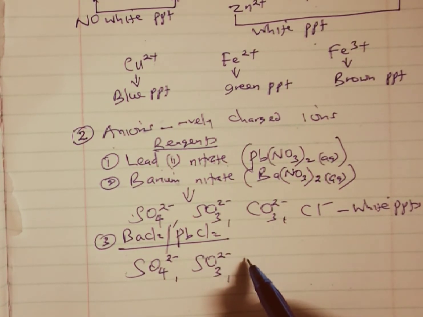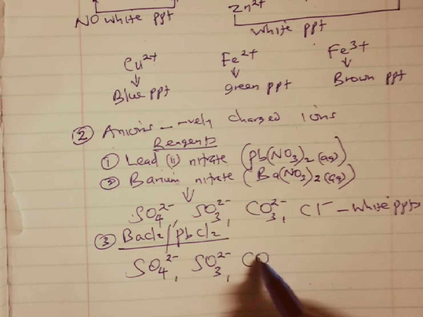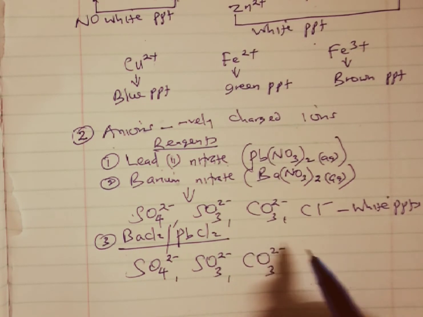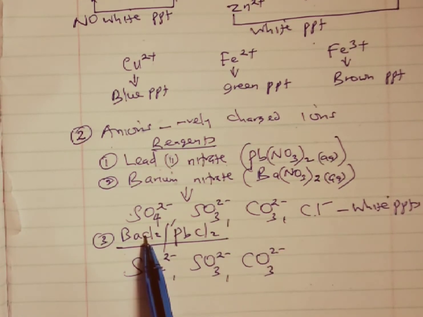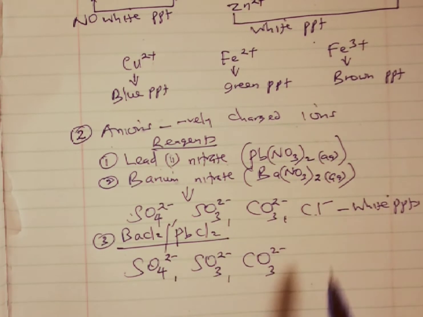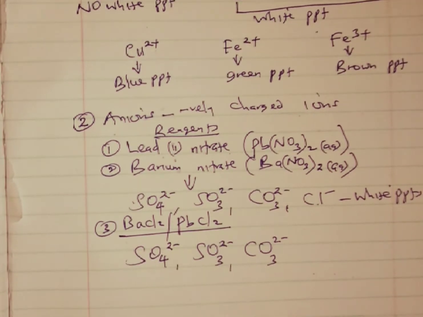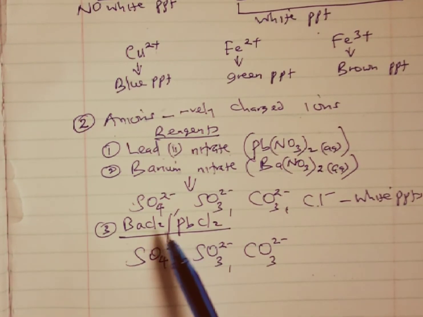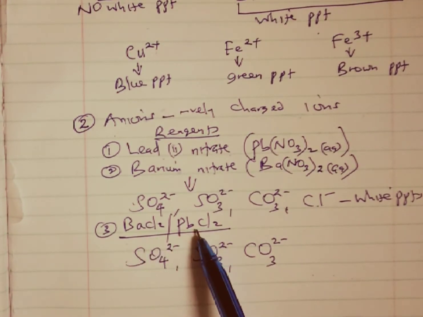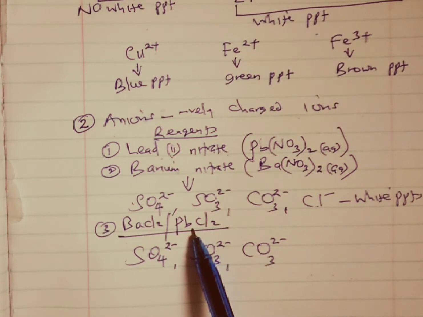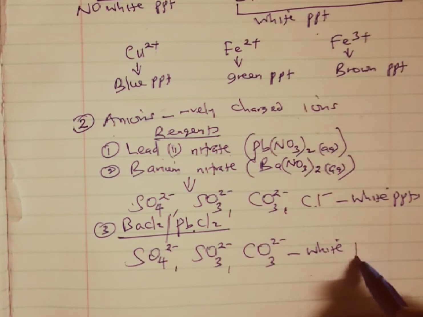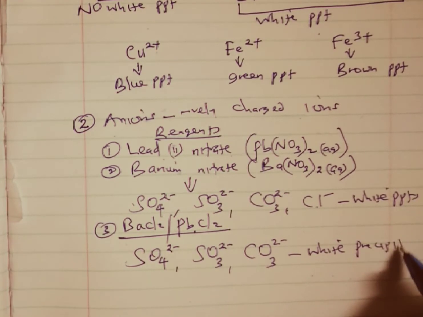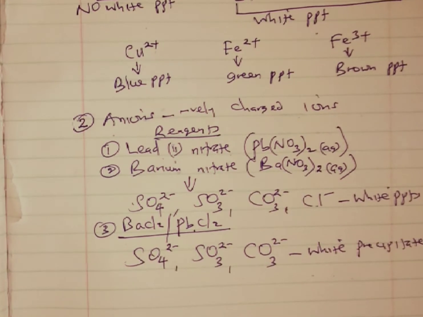They will test for the carbonate ions, but they will not test for the chloride ions because we cannot use a chloride to test for a chloride. And what do you expect on addition of either barium chloride or lead chloride? You will always expect a white precipitate being formed.